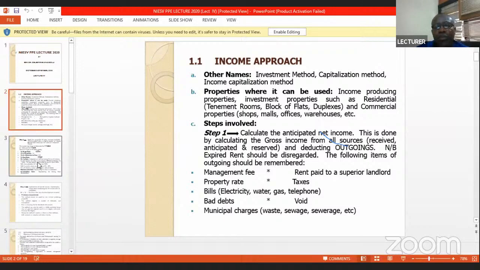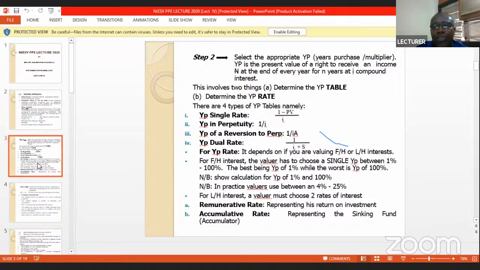The next step is to select the appropriate YP. You must pick the correct YP table, which can be single rate, YP in PEP, YP of a reversion to PEP, YP dual rate. The next one is to choose a YP rate, which can be remunerative or accumulative or both.